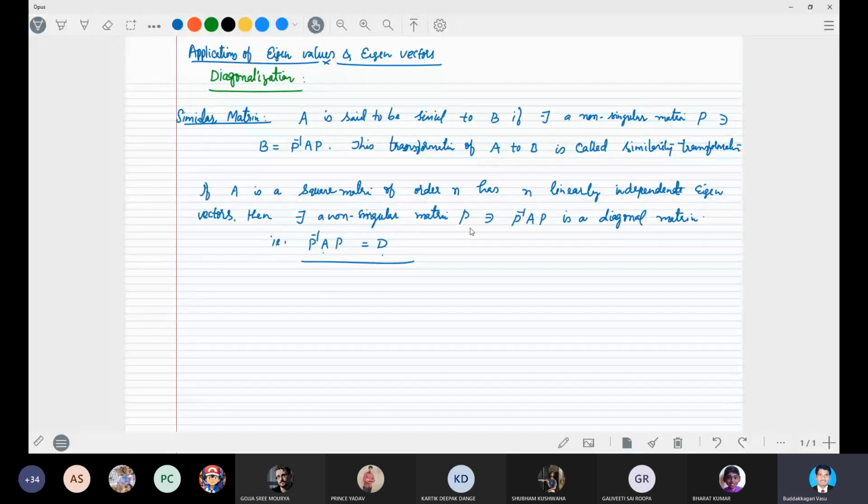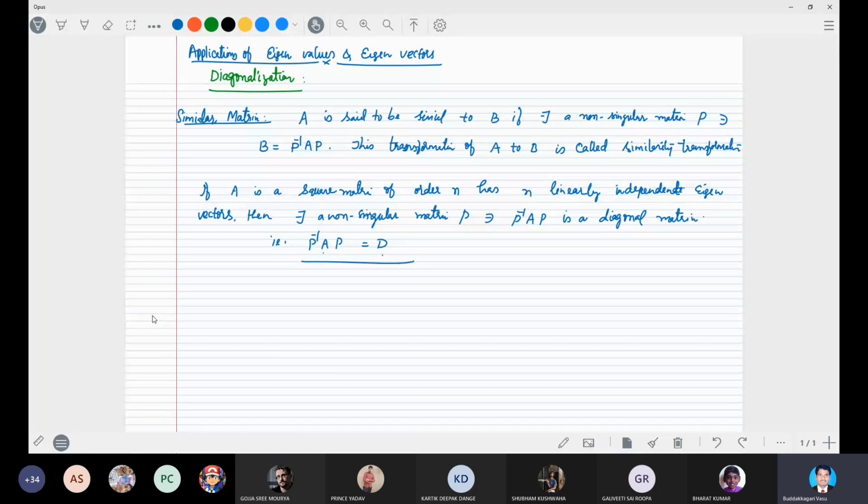Eigenvectors constitute P. Such a P matrix will diagonalize the matrix A. That means here the matrix A is diagonalized, resulting in a diagonal matrix. So this statement gives wide applications in matrices, in finding the power of the matrix, high powers of the matrix.